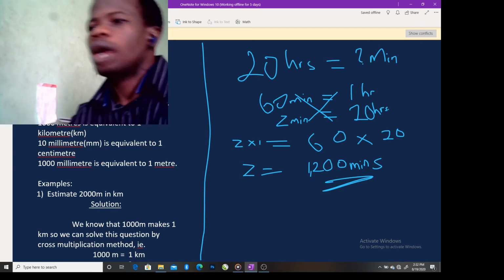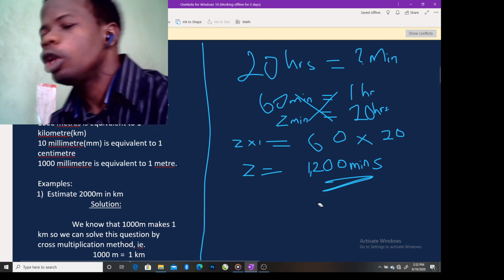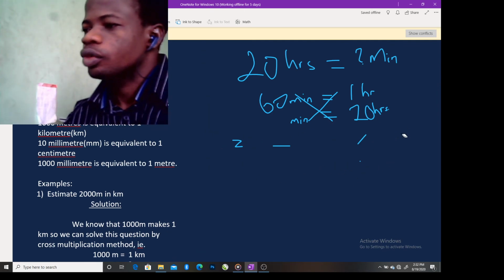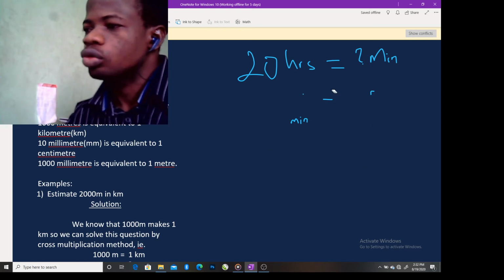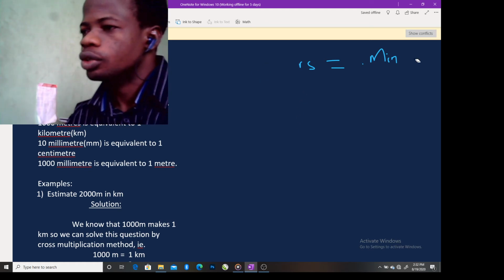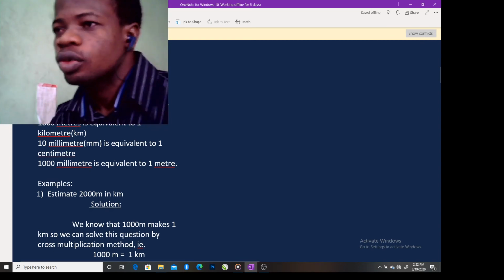Let's look at the one for liters capacity. So 1,000 cm cube is equal to 1 liter. It's not in capital, so you have one.